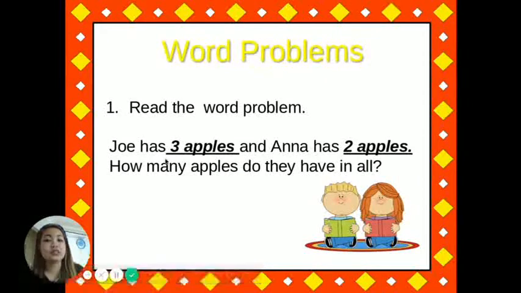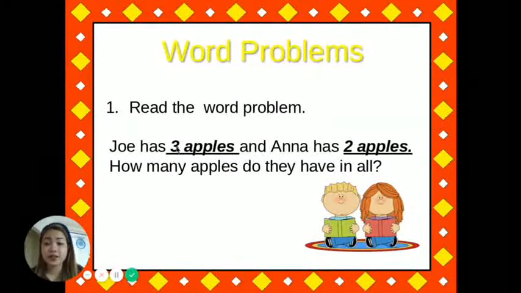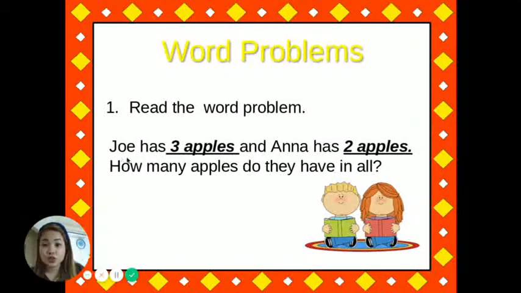Okay, let's read the word problem. First step, you have to read it. Okay, let's read. Joe has 3 apples and Anna has 2 apples. How many apples do they have in all? So you have to read.